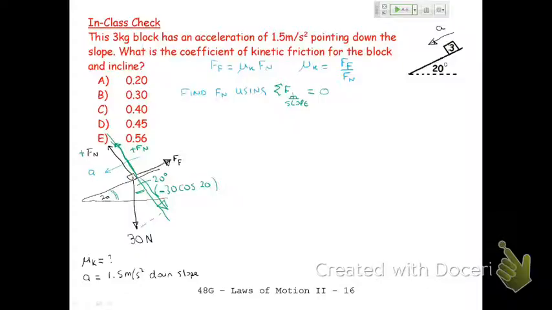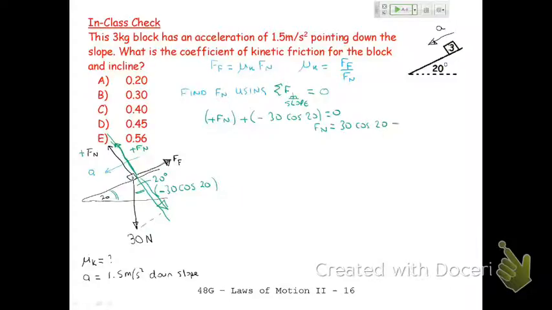So plus Fn added to minus 30 cosine 20 is equal to 0. So Fn is equal to 30 cosine 20.